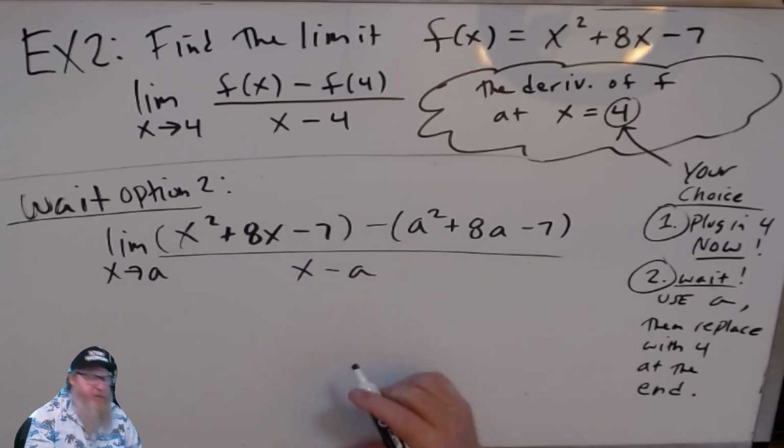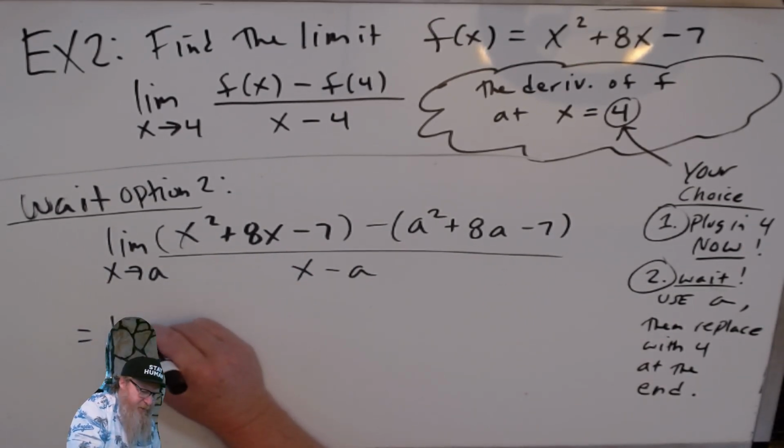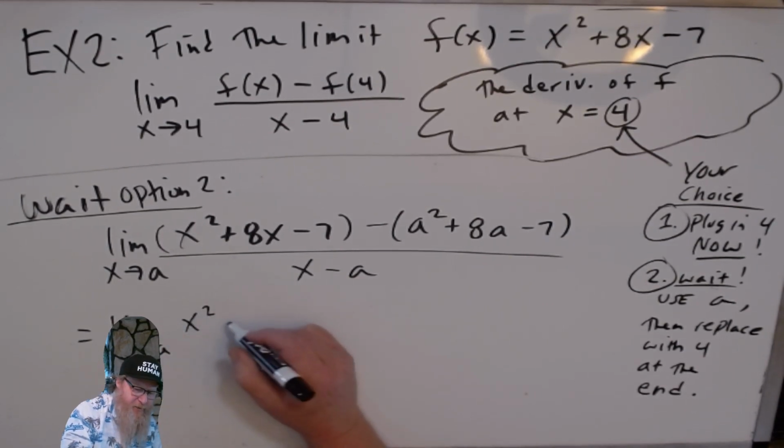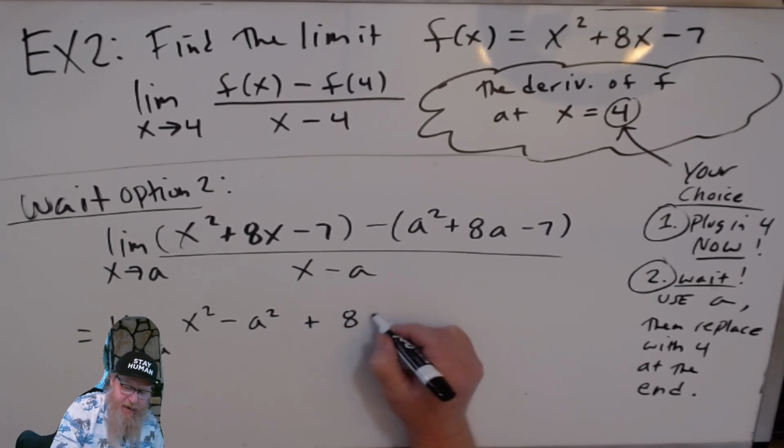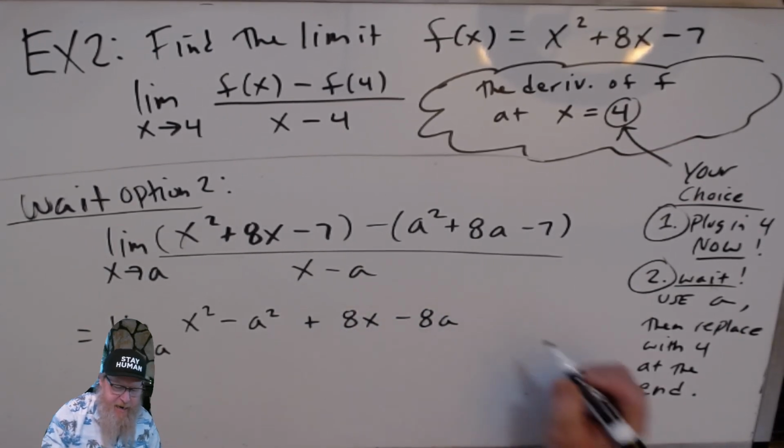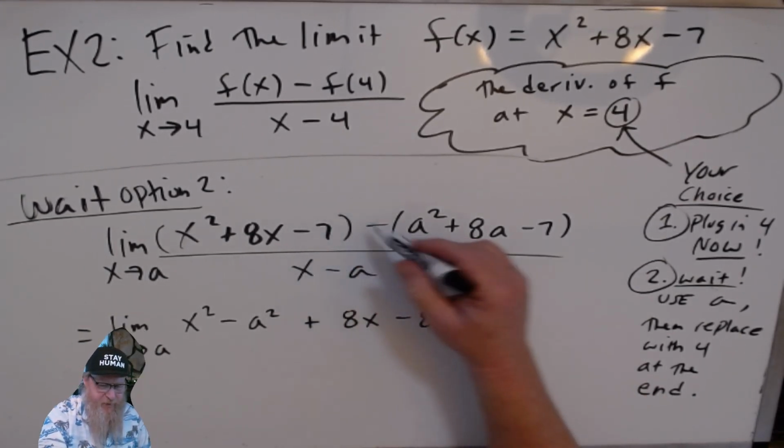And you would do what we just did. All right, so let's do it again. This time, we're getting a little better at it each time. So you're going to get x squared minus a squared plus 8x minus 8a. The 7s are going to cancel.